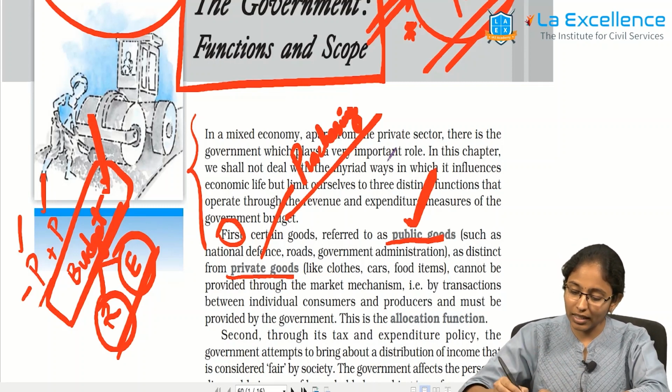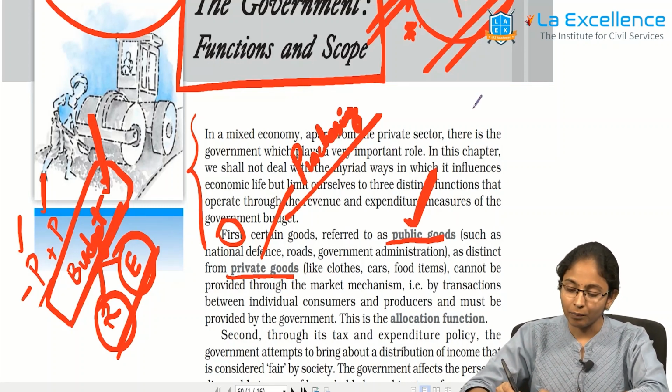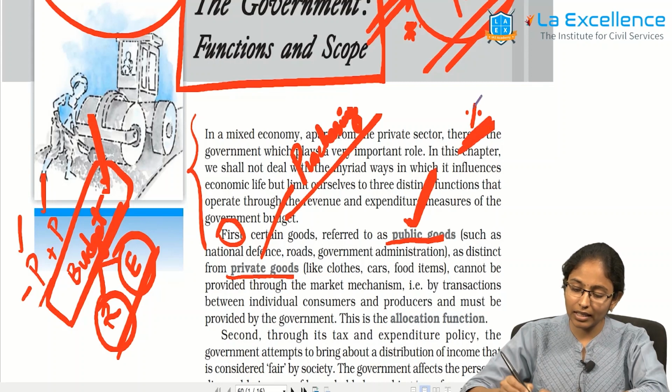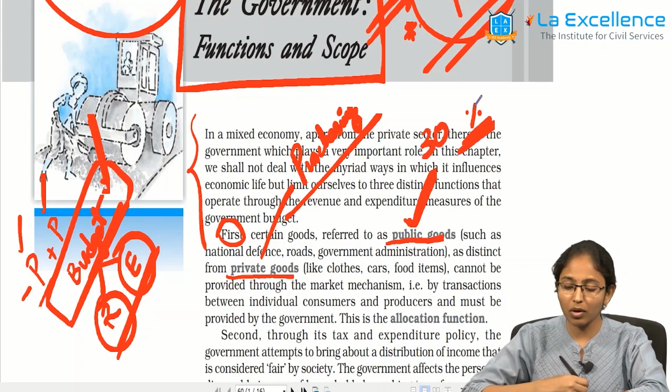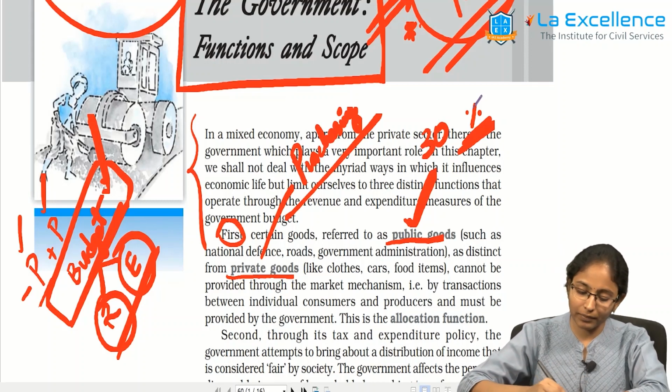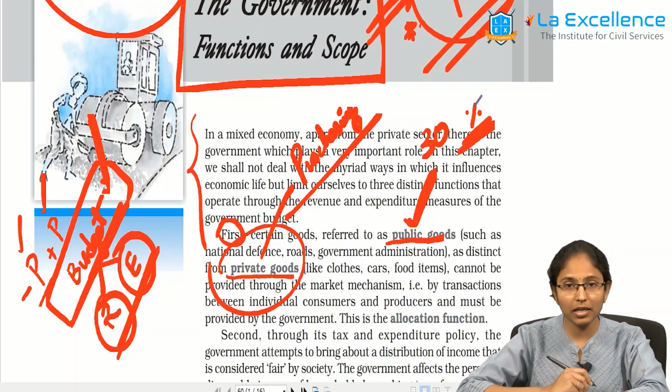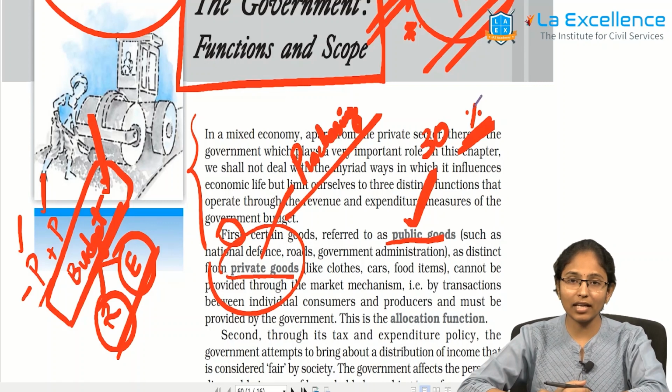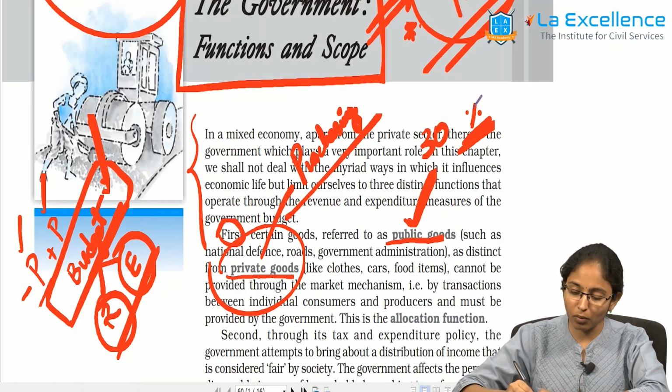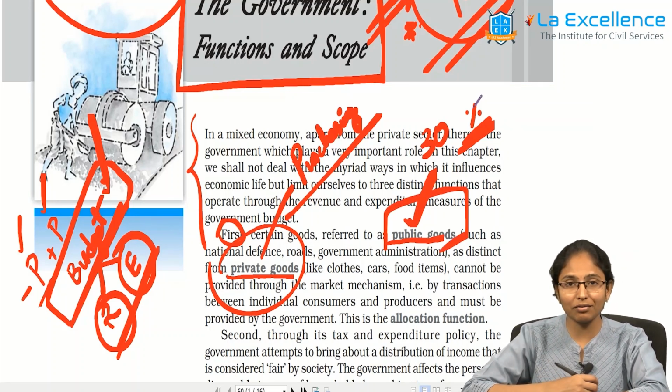If we take India, 30% of our population is living under the poverty line. For them, accessing private goods would be difficult. So, basic services and basic goods are provided as public goods and services.